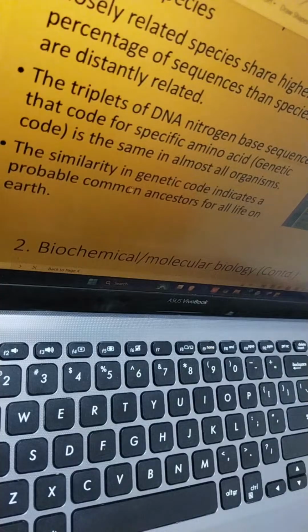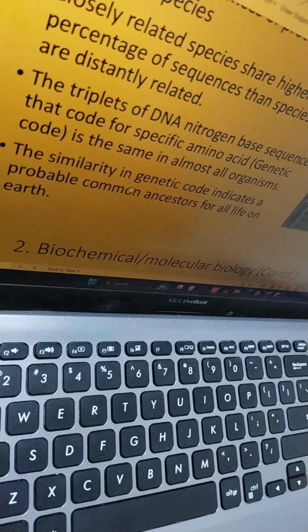The triplets of DNA nitrogen base sequences that code for a specific amino acid, the genetic code, are the same in almost all organisms.